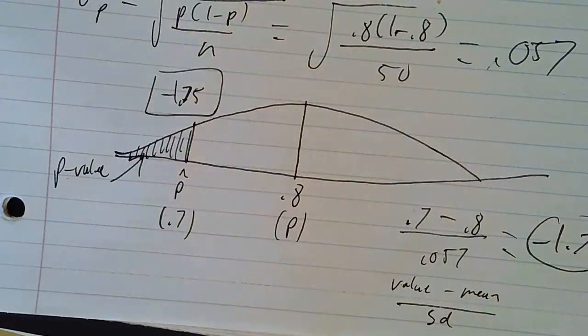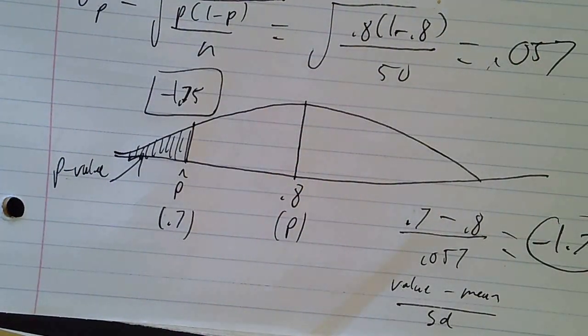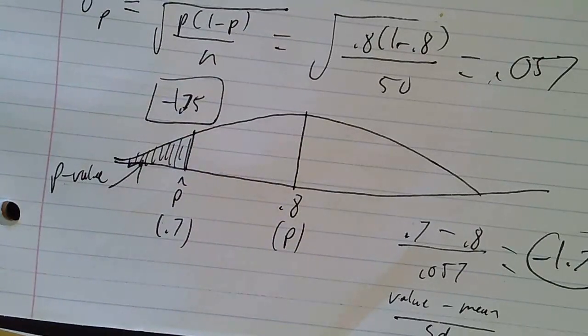To find the p-value, you look at your z-table. I actually don't have a z-table on me right now, but I have it on my calculator, so I will tell you what it is. Negative 1.75.